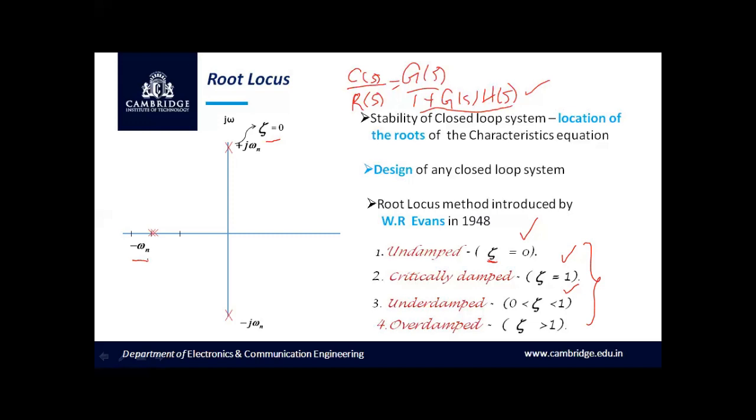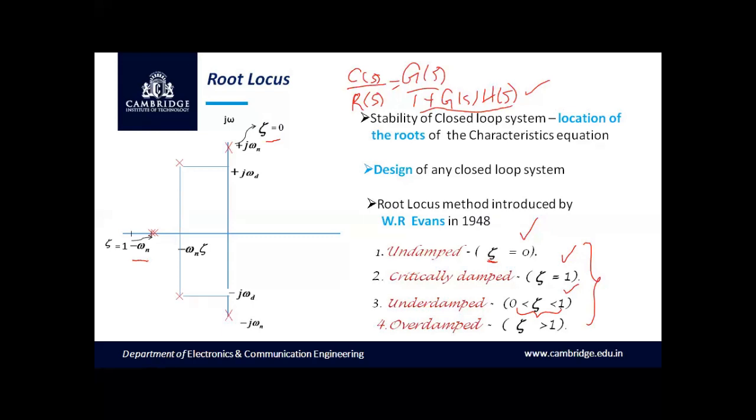And when zeta is between 0 and 1, while we substitute different values of zeta, we have obtained complex conjugate poles at minus omega n zeta plus j omega d as well as minus omega n zeta minus j omega d.